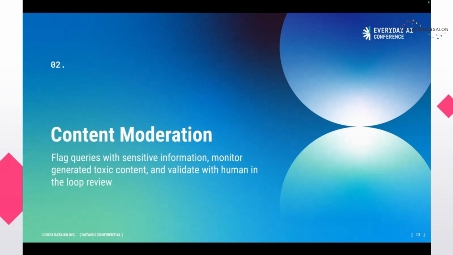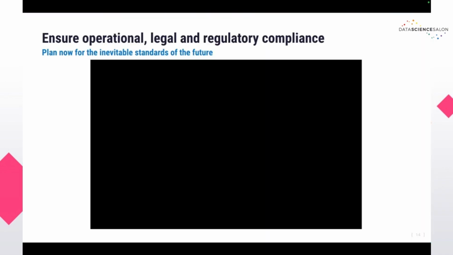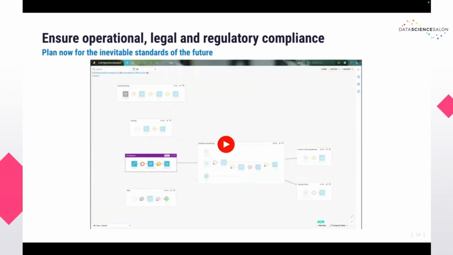Now let's talk how we can do some content moderation to flag input queries that have sensitive information and monitor the generated toxic content and validate with human-in-the-loop review. We want to plan now for the inevitable standards of the future, ensuring that these applications ensure operation, legal, and regulatory compliance.